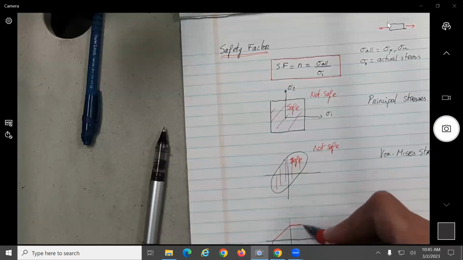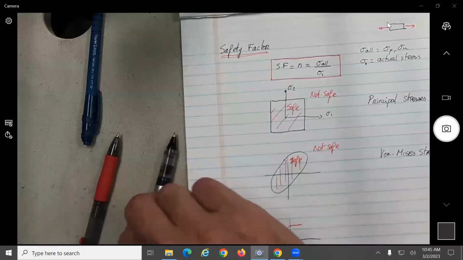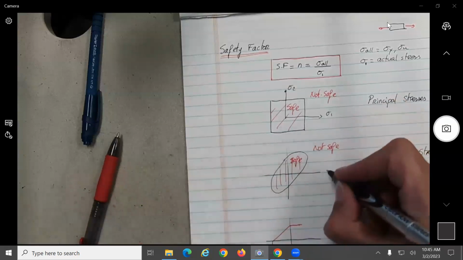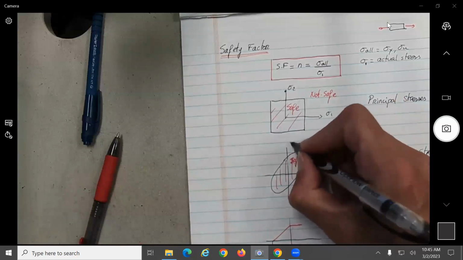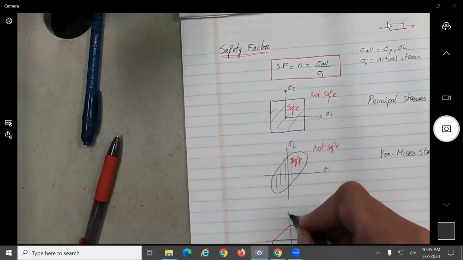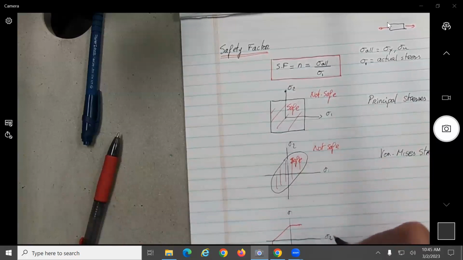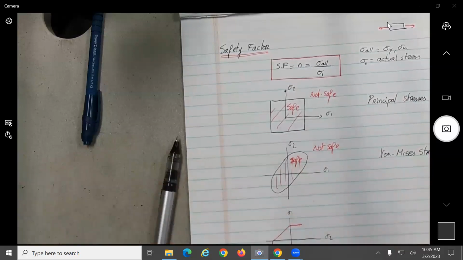The X and Y axes are the same, sigma 1, sigma 2. Then we have this way, and then this way.